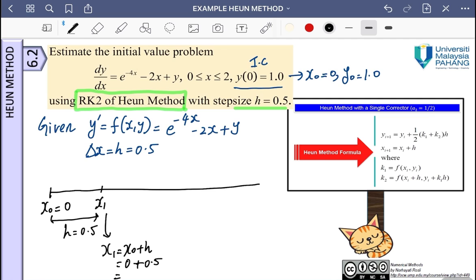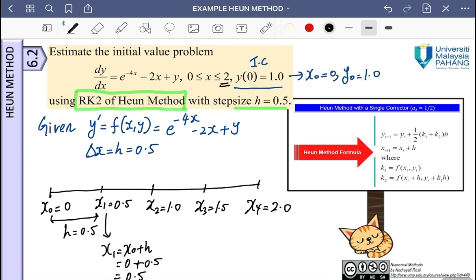So the next x1 is 0.5. The step size is equidistant. Then we have x2 equal to 1.0, x3 equal to 1.5, and the last one, x4, equal to 2.0. So you only need to calculate until x equal to 2.